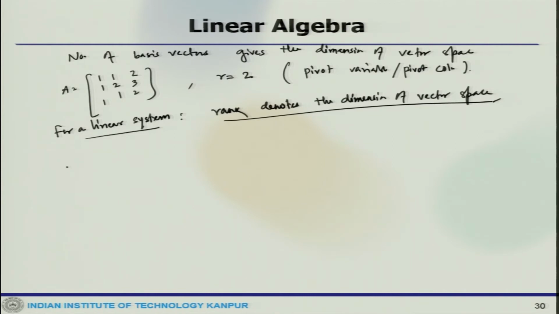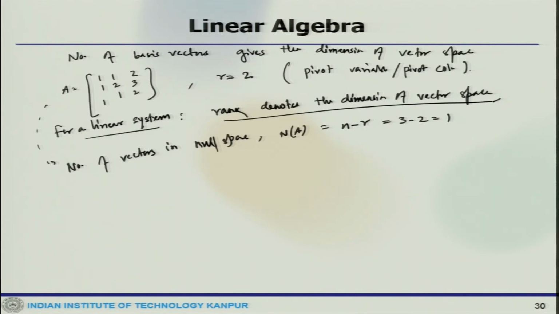Now, similarly, we can find out the number of vectors in the null space, which is going to basically give us the 0 solution for a linear system. The dimension of the null space would be n minus r, which is 3 minus 2, that is 1, for this particular example.